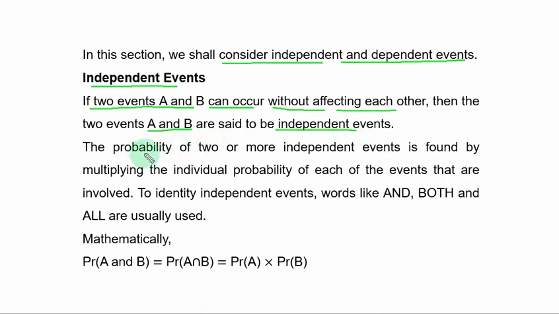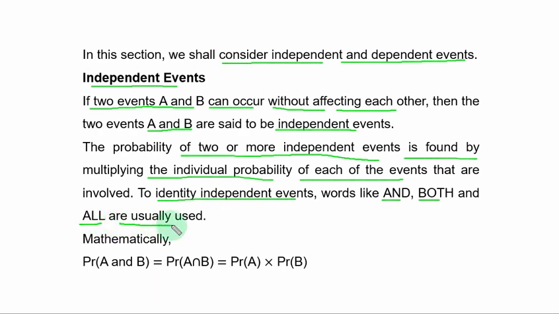The probability of two or more independent events is found by multiplying the individual probability of each of the events that are involved. To identify independent events, words like and and both are used.